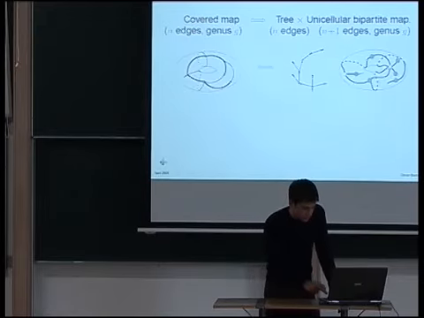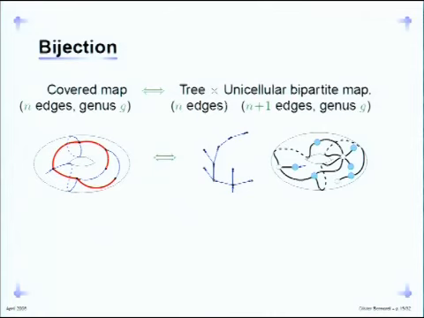So here is the answer to the question. The bijection, more precisely, is between covered maps with n edges and genus G, and pairs made of a tree with n edges and a unicellular bipartite map of n+1 edges and genus G. So all the genus comes here, and this is just a tree.